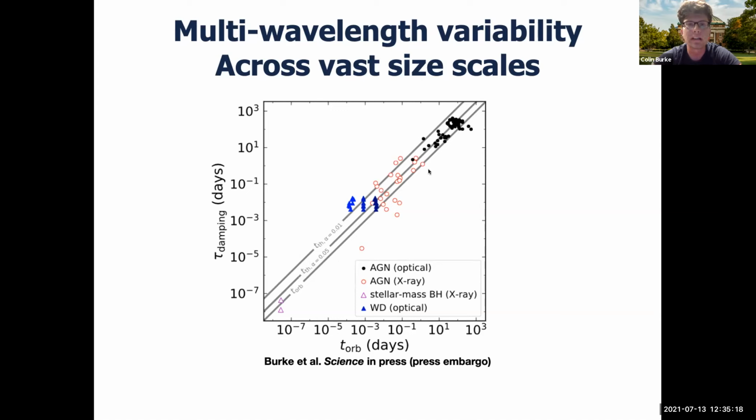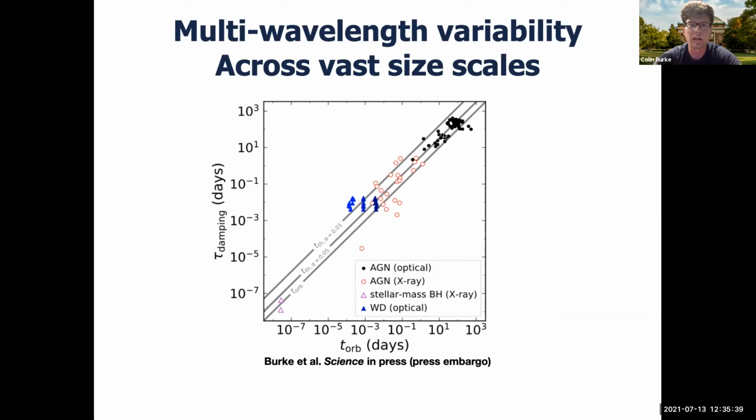So the black data here is our optical AGN timescales, and the red points here are the X-ray break timescales. And we also show the white dwarfs in the optical, and stellar mass black holes as well, measured from X-ray light curves.